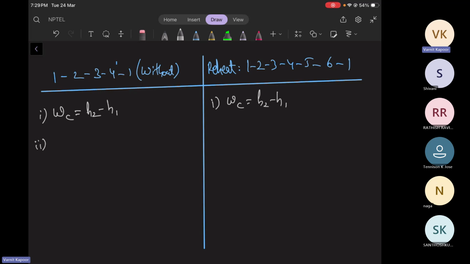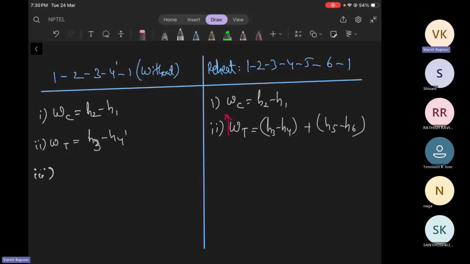Then work done by the turbine would have been H3 minus H4 dash. But now expansion has happened 2 times, so work done by turbine is increased. So that is H3 minus H4 plus H5 minus H6. So eventually your net work has been increased.